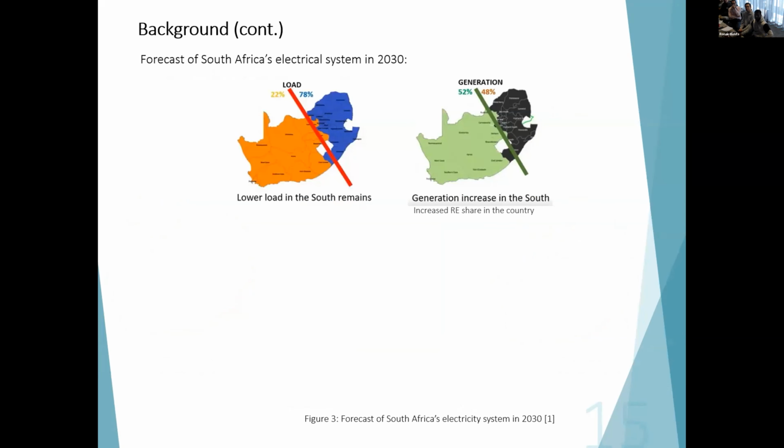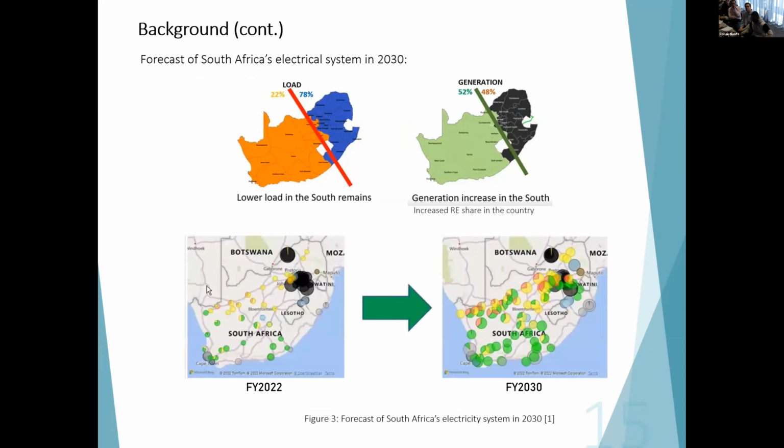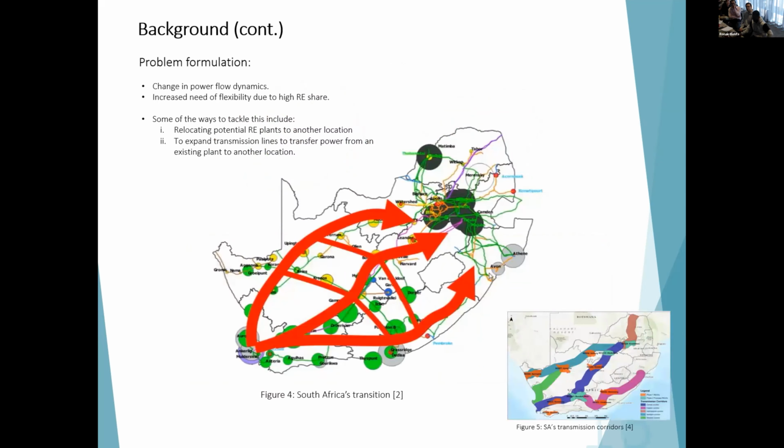However, in the 2030 South Africa forecast, and this is in the GCCA report as well, we see that the demand split would remain the same with roughly an 80-20 split. However, the generation is more focused towards the southern side of the country, mostly in the Greater Cape areas, so Northern Cape, Western Cape, Eastern Cape. With this split, we can see that there is a problem of power flow dynamics, and this would need increased flexibility due to the high renewable shares in the country.